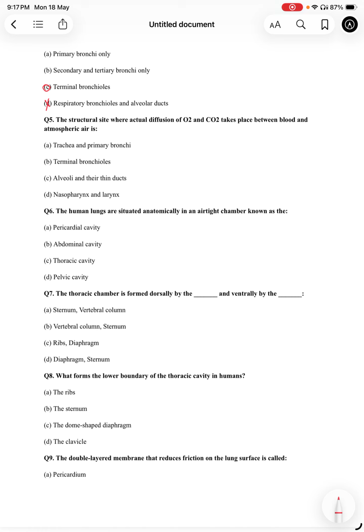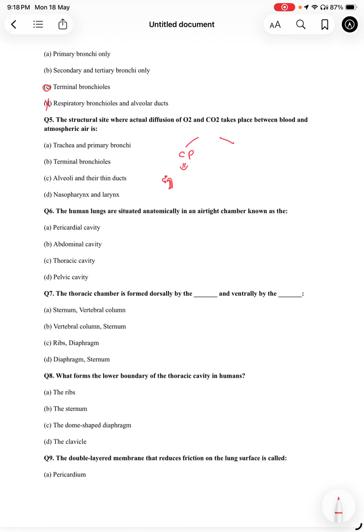You need to know the respiratory tract is divided into two parts. One is the conducting part. The conducting part is from the external nostrils till the terminal bronchioles.